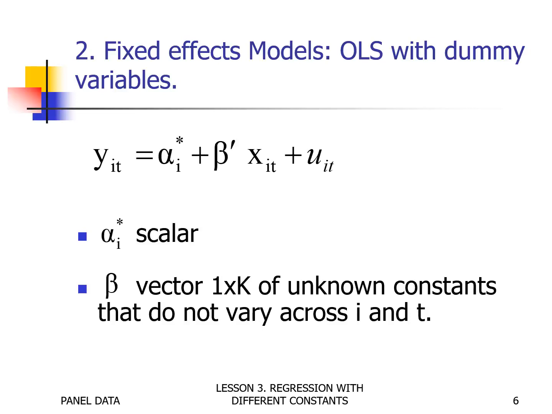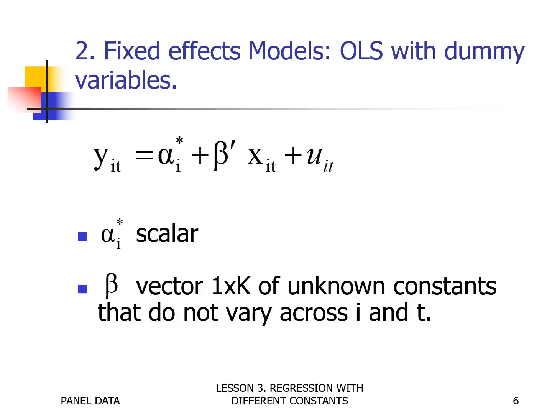So if we go back to the main formula that we were talking about in the previous chapters, see that we have y_it equals alpha_i star plus beta prime x_it plus u_it. Again, alpha_i star is a scalar, a number, which is different for each individual, and beta is a vector of 1 by capital K unknown constants that do not vary across i and t, because they are the same.